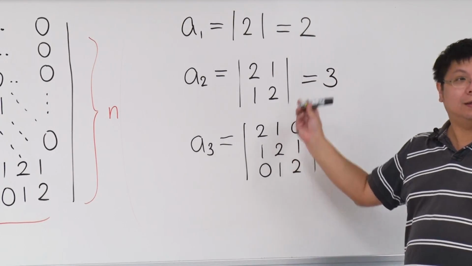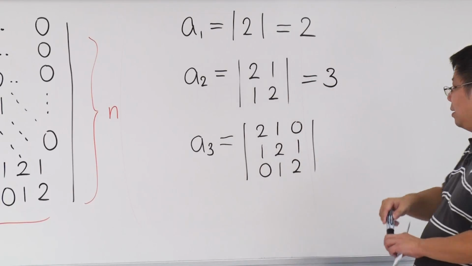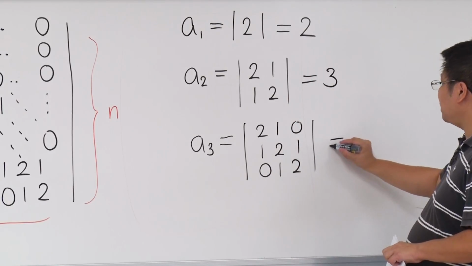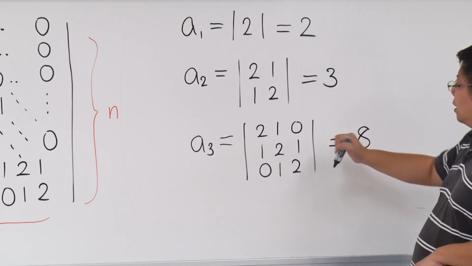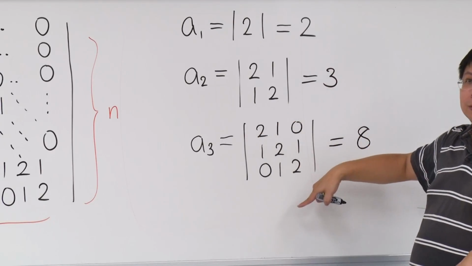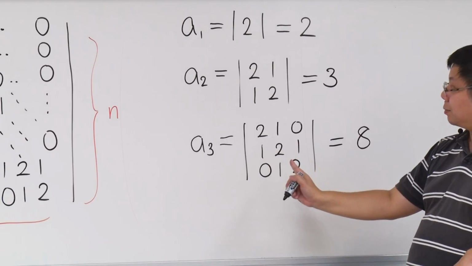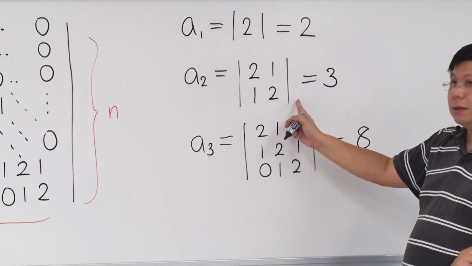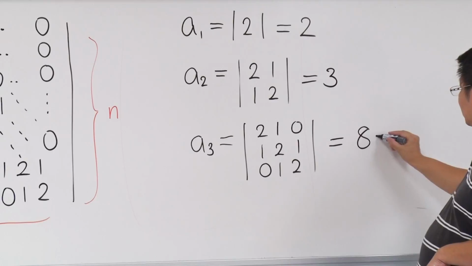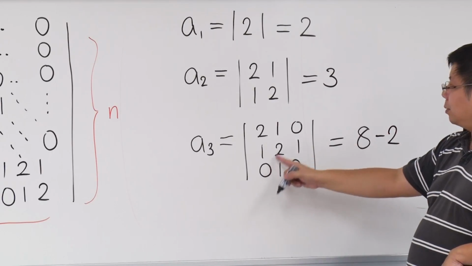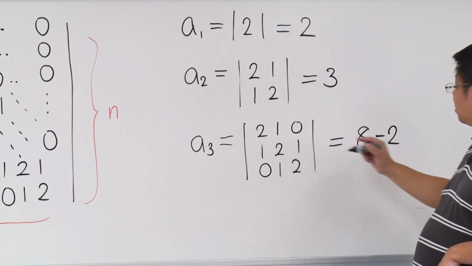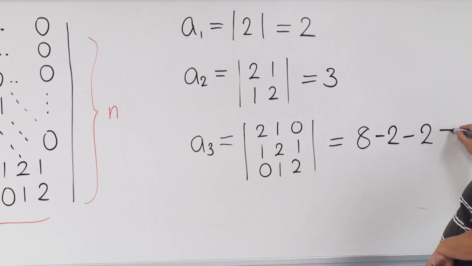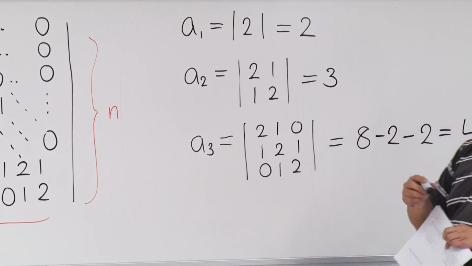This direction is subtract. So this will be equal to 2, 2, 2. So it is 8, and then 0, 0. Is that okay? Minus what? Minus this 1, 1, 2. So minus 2, minus 0, 2, 0, minus 0, and then minus 1, 1, 2. So minus 2. So it is equal to 4. Is that okay?